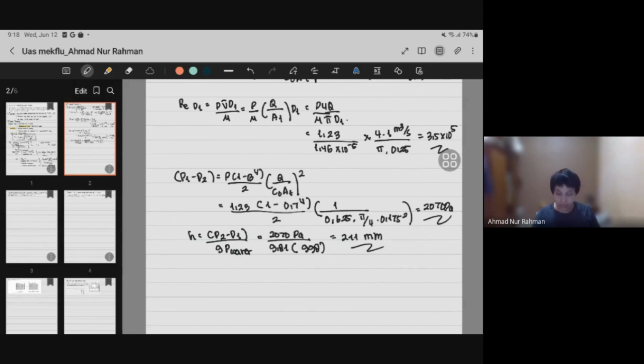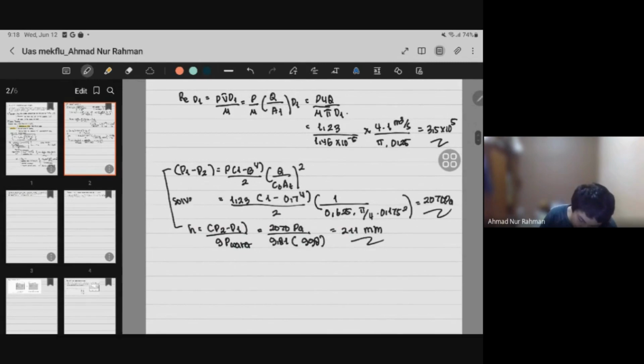So what do we get from this instruction? The pressure difference P1 minus P2 is what we get from solving number one, which is part one.